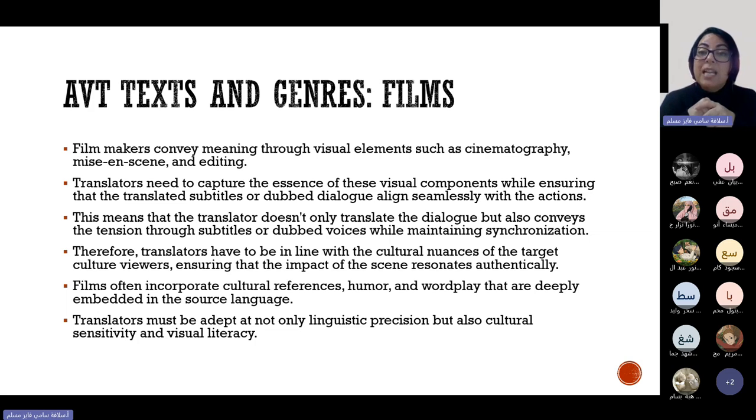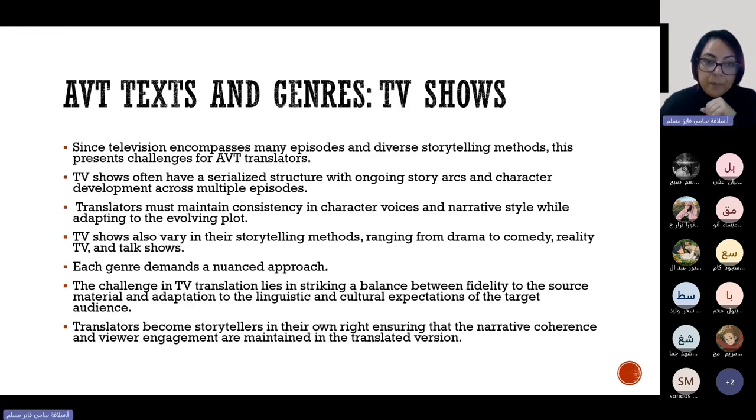Imagine the series Friends, which has a lot of these cultural references, humor and wordplay. Imagine a translator who wants to translate these things on the screen, how difficult it is to translate. Translator must be adept at not only linguistic precision but also cultural sensitivity and visual literacy. Okay? The second one is TV shows.